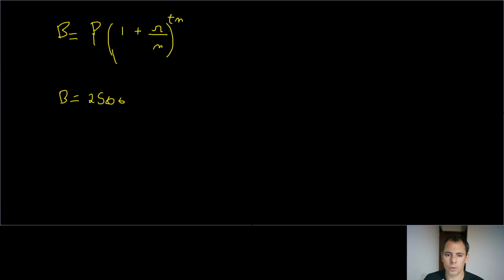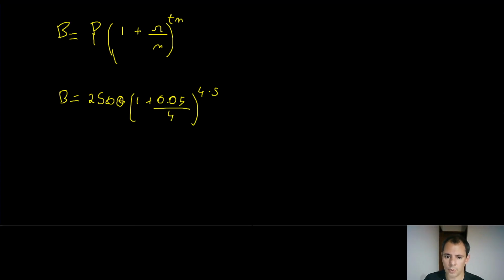If it's compounded quarterly, we're talking about 4 times a year, every 3 months. So it's going to be 1 plus 0.05, which is the interest rate, divided by 4, to the 4 times 5, because it's 5 years.